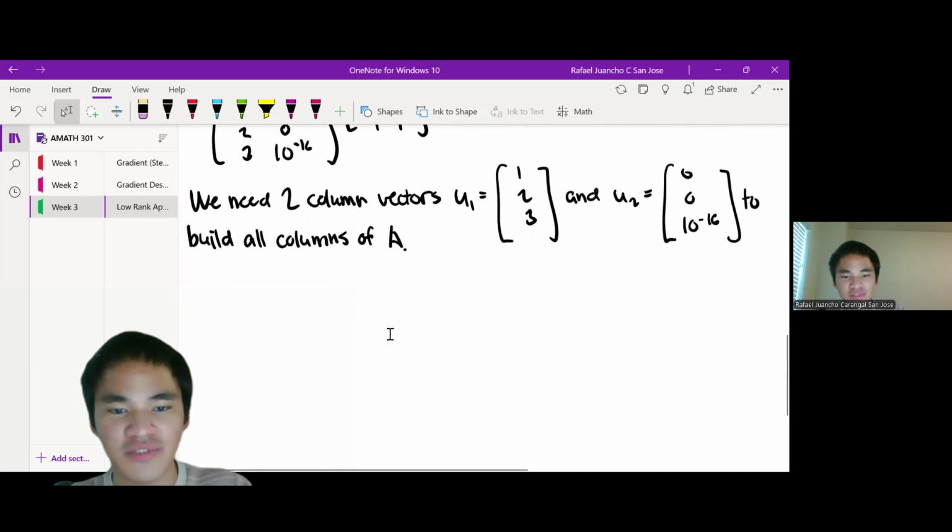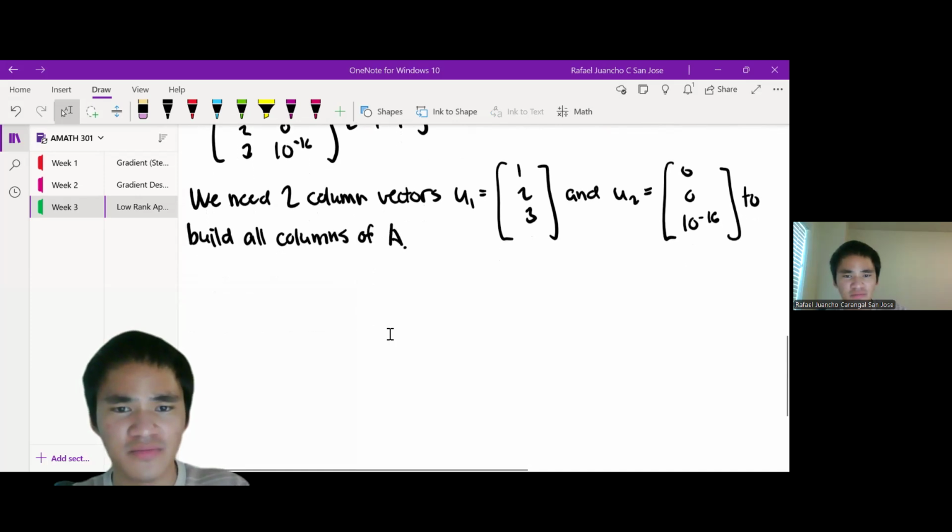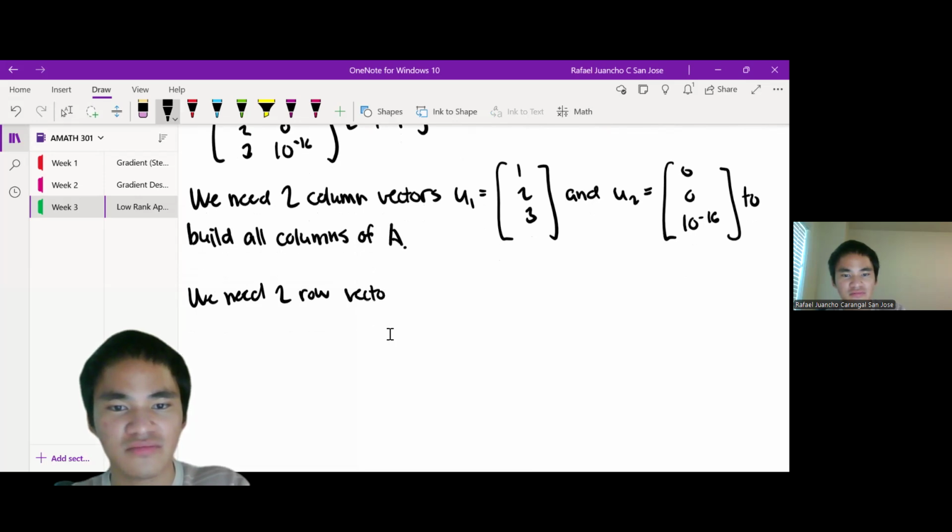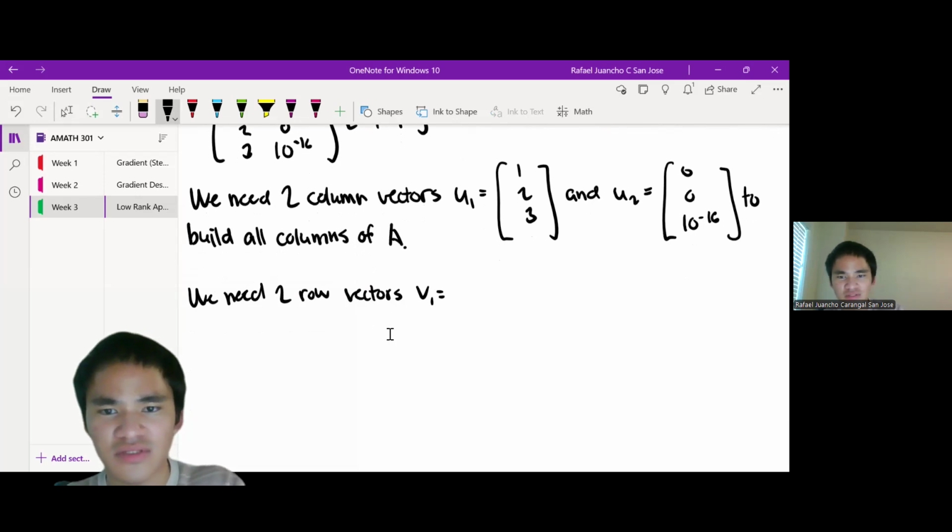Okay, and that was the other thing we need to do. Then again, in this case, we need 2 row vectors. Let's maybe call it V1. This is 1, 1. And V2, this is negative 1.